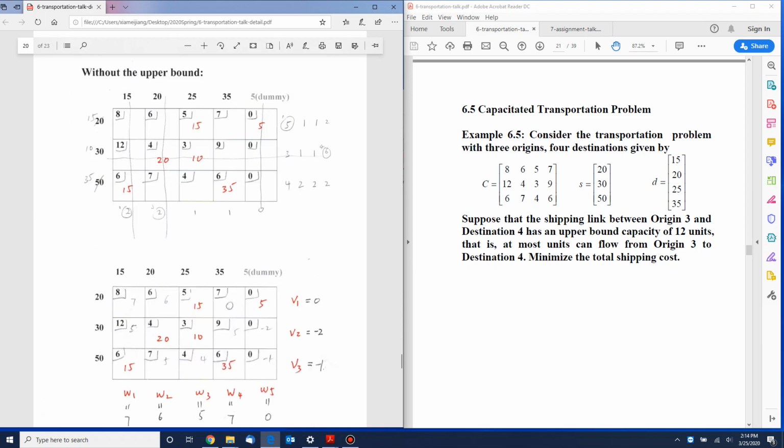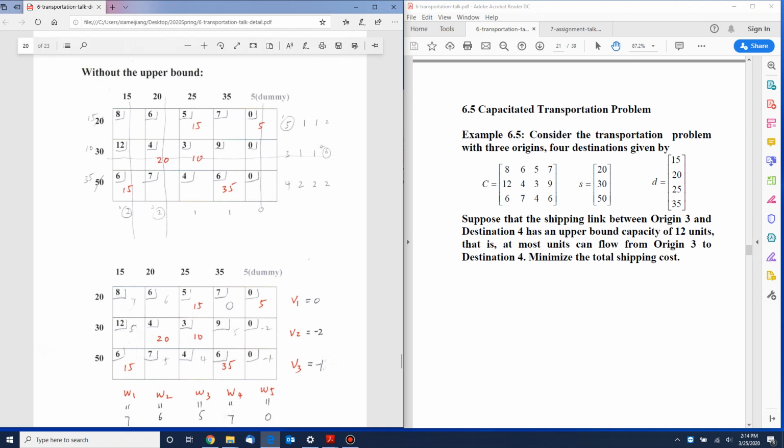Okay. Right now we don't consider the upper bound. We just see if we can find the solution. Now we use Vogel's method to work on it. Okay, set up the dummy destination, and we use Vogel's method to work it out.